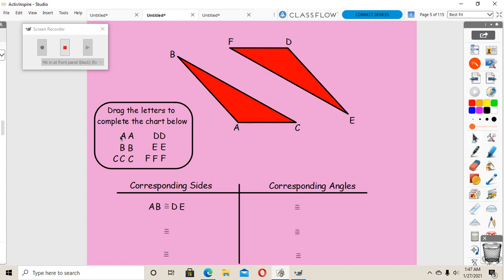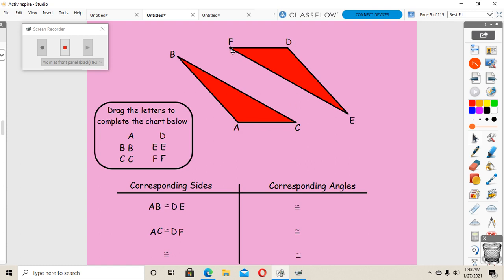AC is congruent to DF. D and F. AC is congruent to DF.